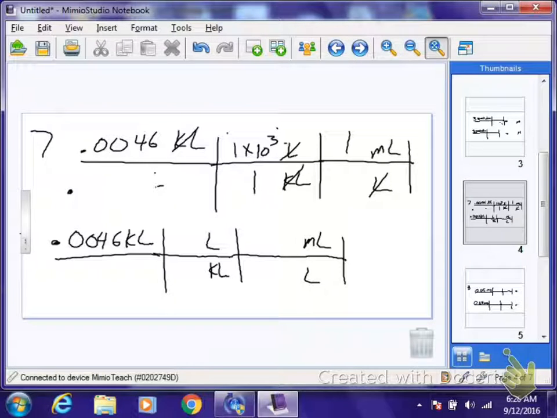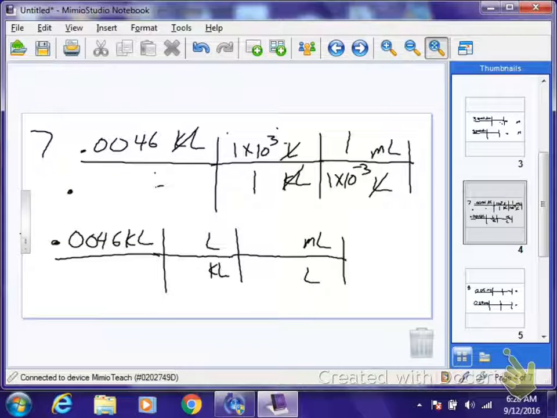Then milliliter, we look at that as to the minus third. So this becomes 1 times 10 to the minus third, or 0.001. So then we could divide by 0.001, and what that would do is be like multiplying by 1,000 again.